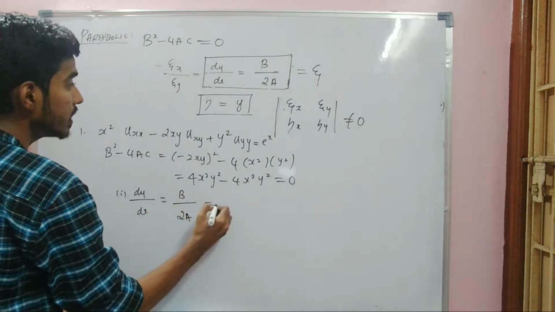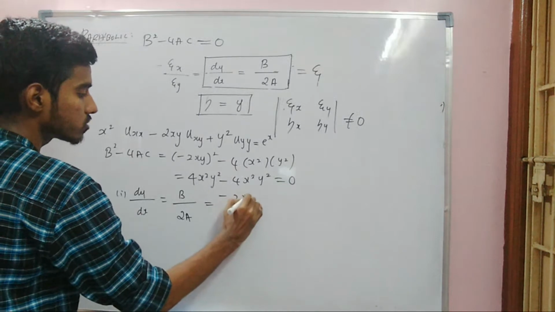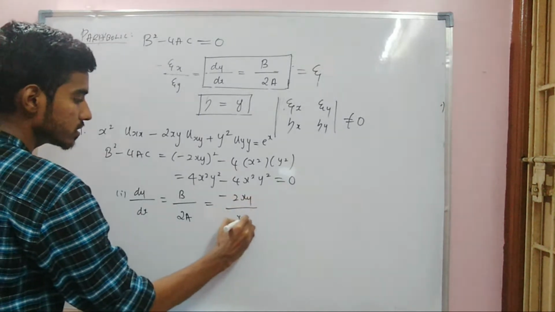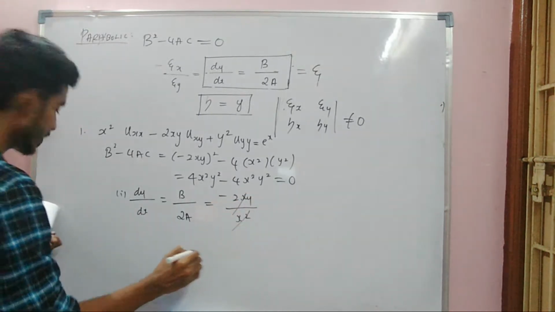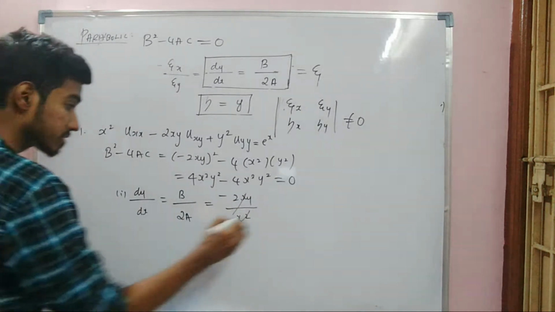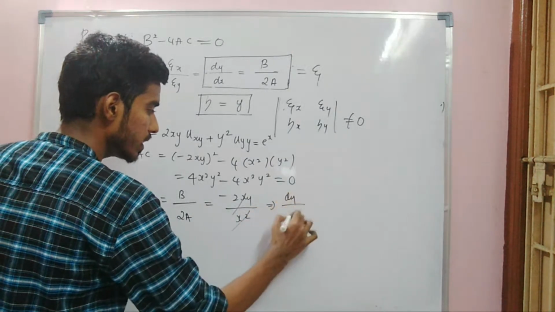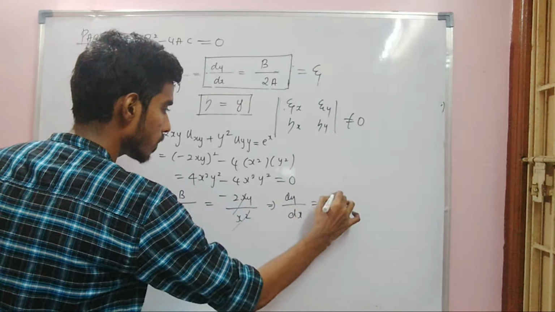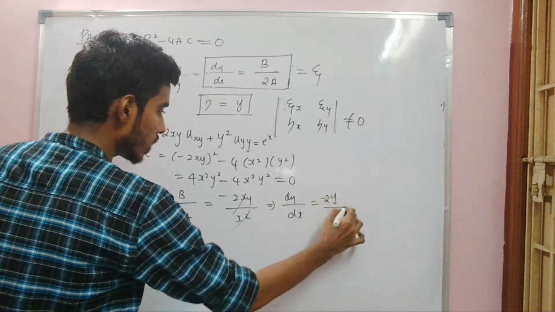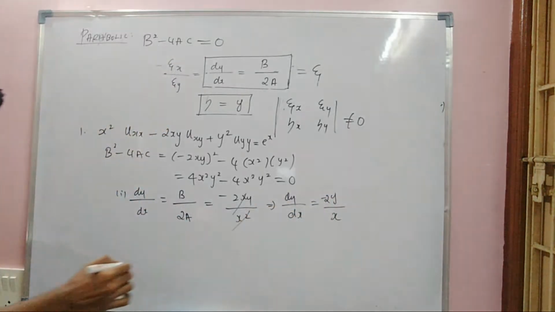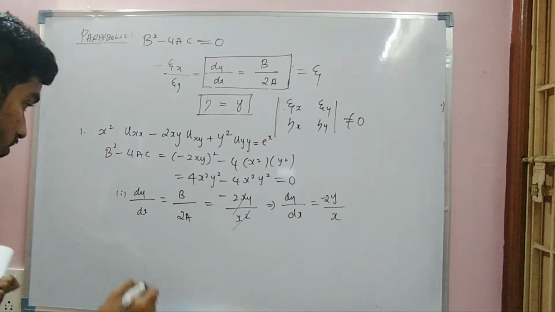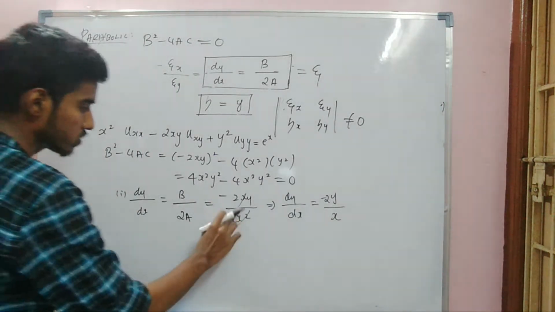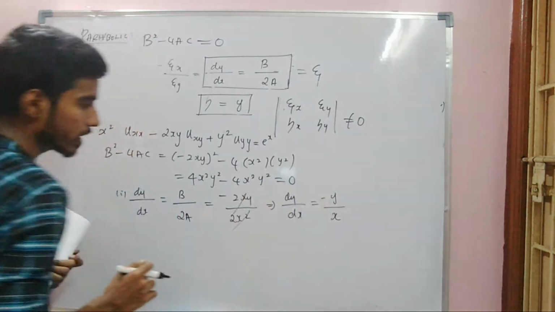So what is our b here? Our b is minus 2xy and our a is x square. So we cancel x and x. We have dy by dx is equal to minus 2y by 2x square, right? So these two will also get cancelled. So minus y by x.